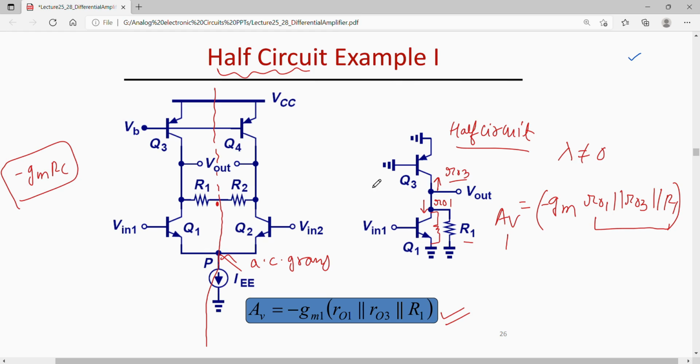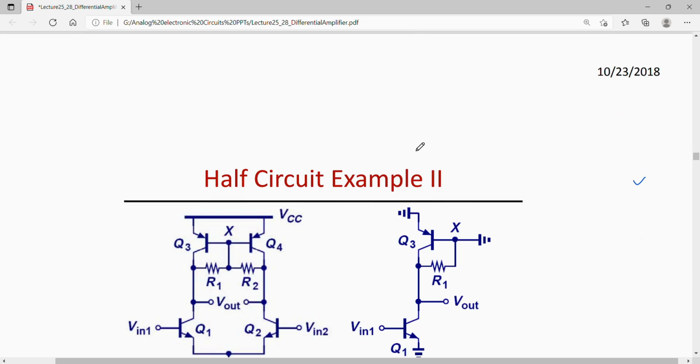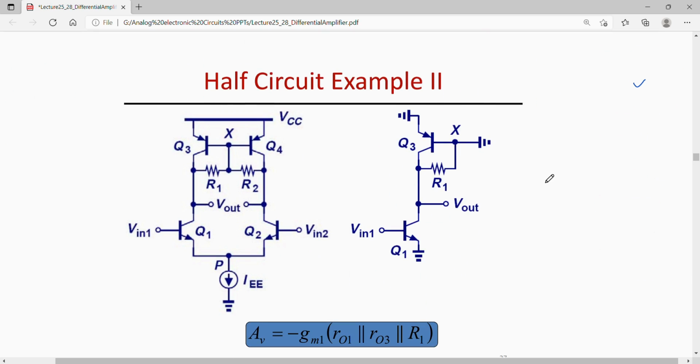Now let us take another example. We want to find out the gain of this complex looking circuit. So again, to simplify this, we'll draw the half circuit. That half part will contain R1.